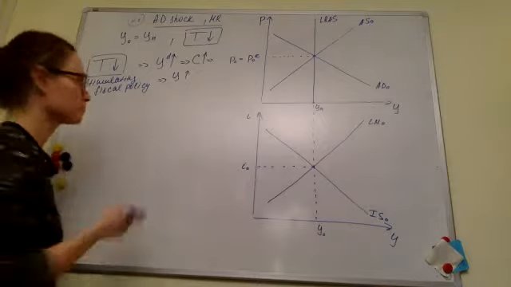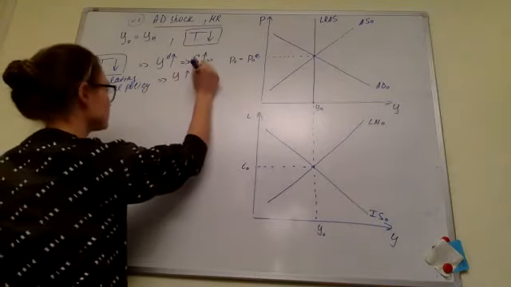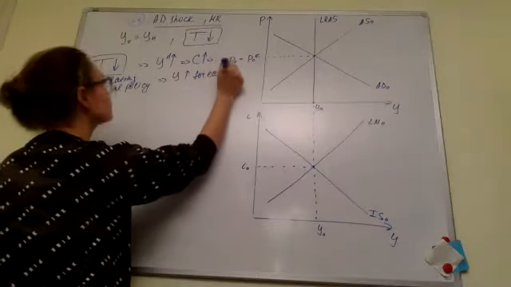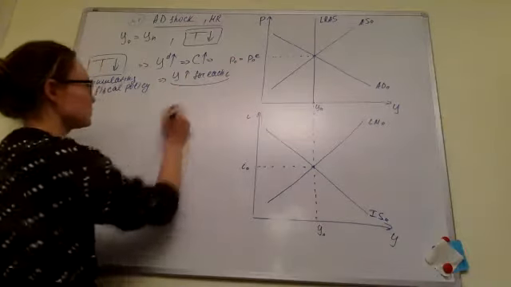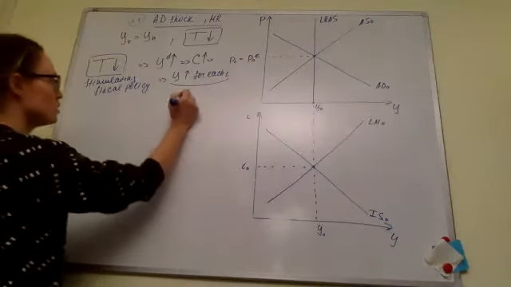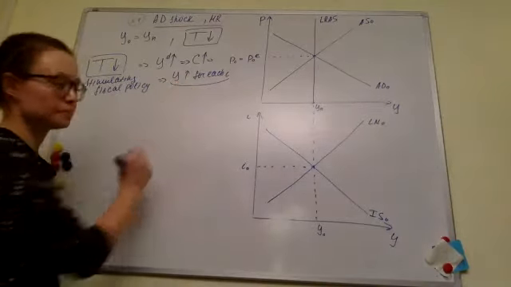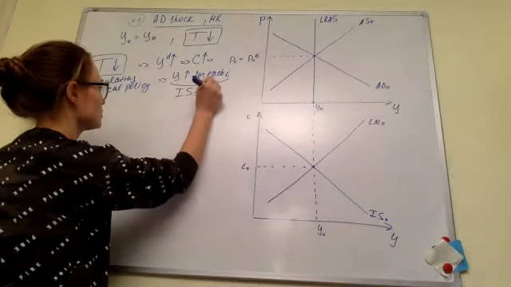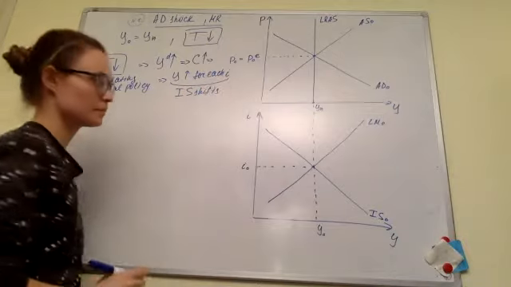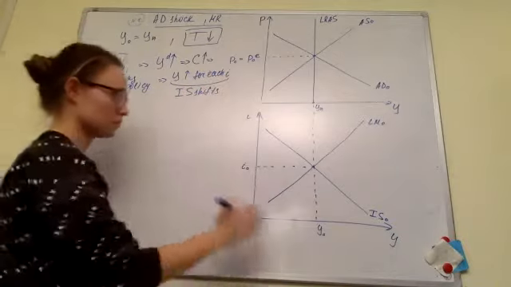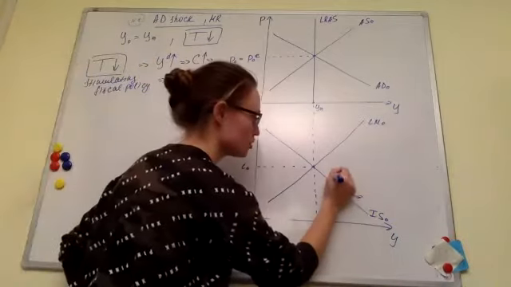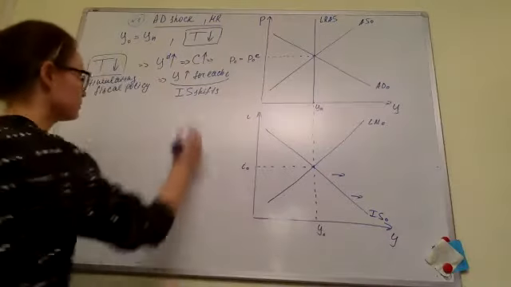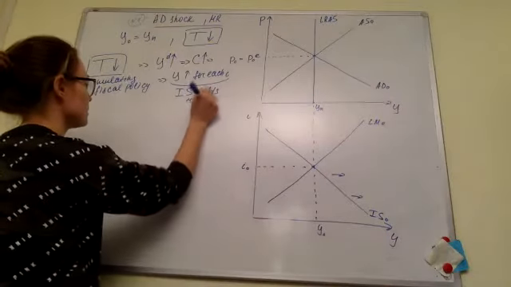For every interest rate, that is the shift of what? Shift of IS, and it will shift to the right, I think. Higher output for the same interest rate. Shifts right.